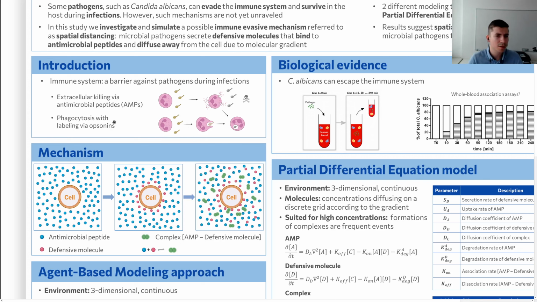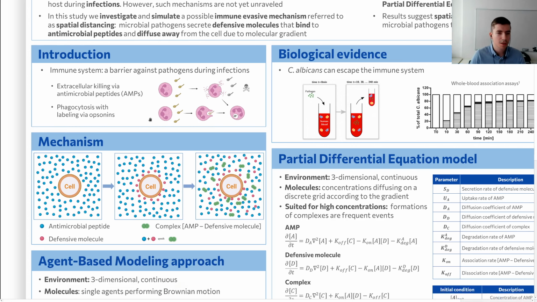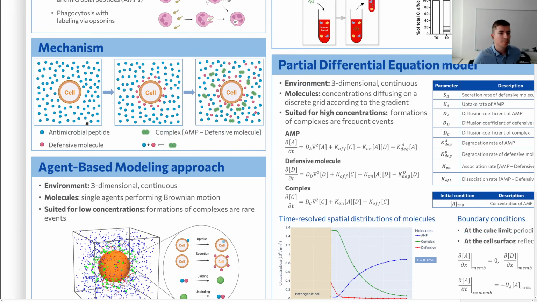What we can observe here is that the interactions between host molecules and the pathogen are crucial in removing the pathogen during infection. Based on this observation, we came up with a mechanism. We have a pathogenic cell surrounded by antimicrobial peptides, and the idea is that the pathogenic cell can secrete its own defensive molecule, and this molecule will then bind to the antimicrobial peptide, forming a complex.